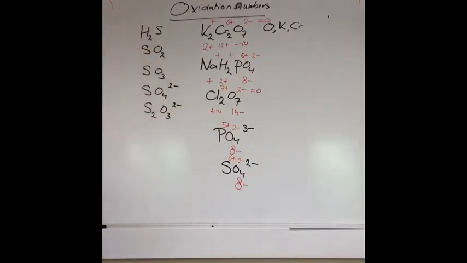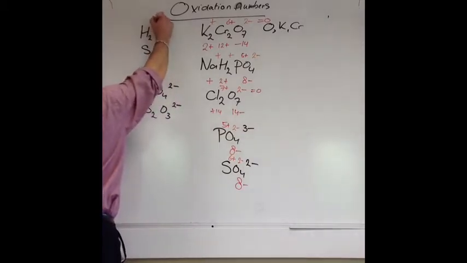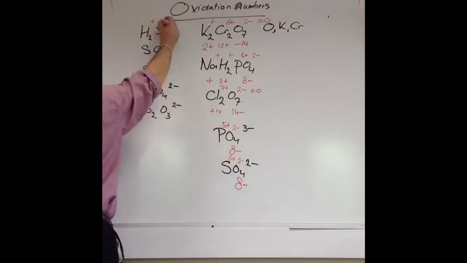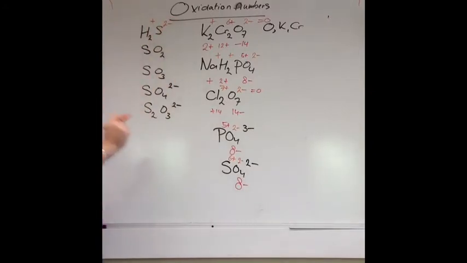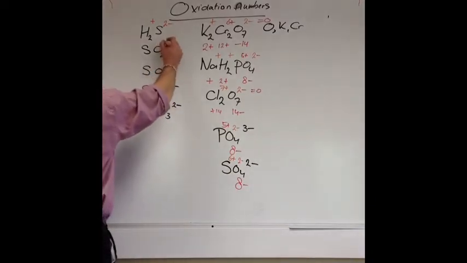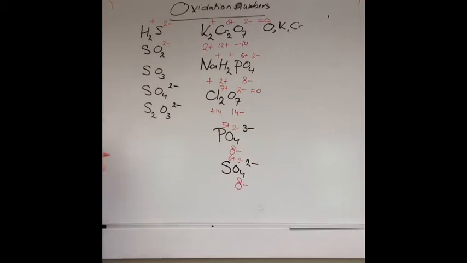Hydrogen is always plus, except when it's with a metal. Well, sulfur is not a metal, so the hydrogen is plus, you got 2 of them, so the sulfur here is 2 minus. In the next example, oxygen is 2 minus, you got 2 of them, so the sulfur will be 4 plus.